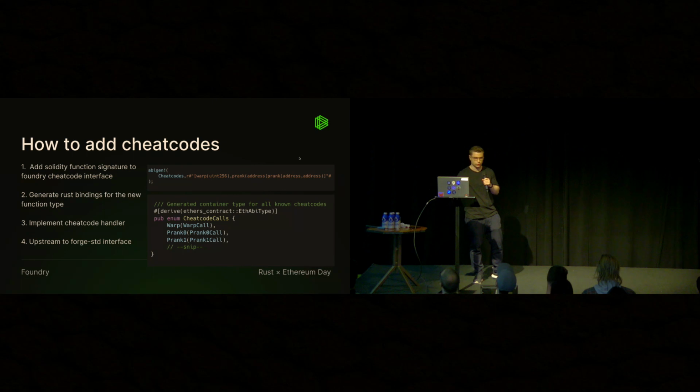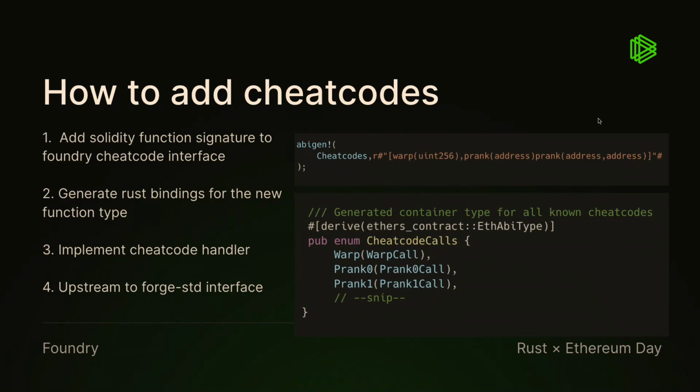And to add cheat codes, you just need the cheat code signature, the function call that you want to add. Then we use internally Abigen, which is provided by Ethers, which takes a bunch of function signatures and then generates entire Rust bindings for this function signature.